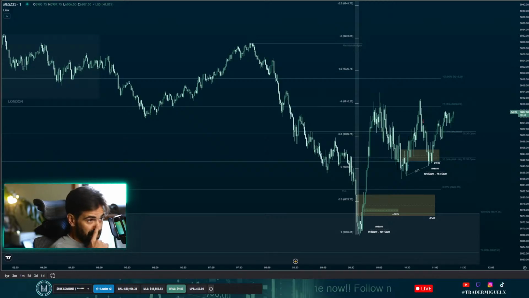Yeah, price still trying to go for that level that we aimed for. But as you can see, it's slow right now. It's not making a clean run like we were expecting.